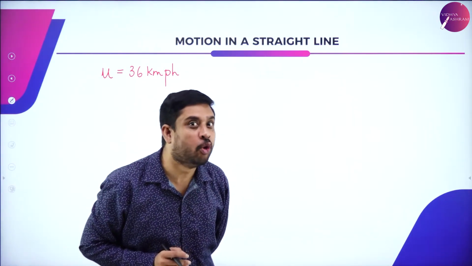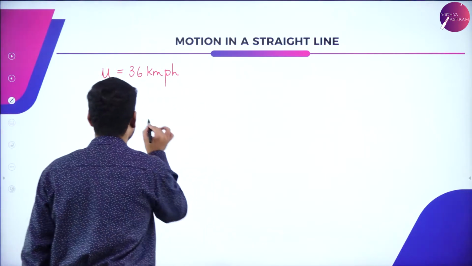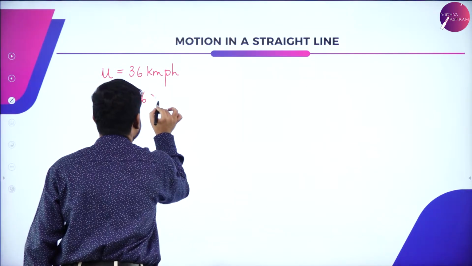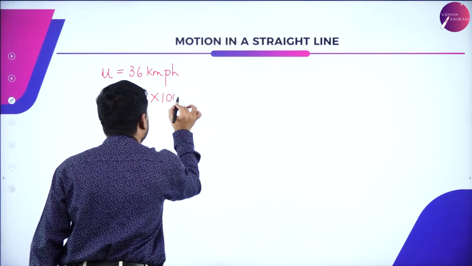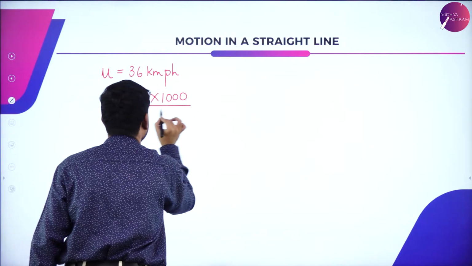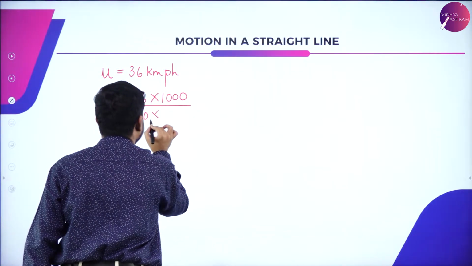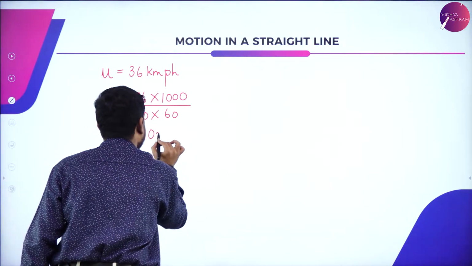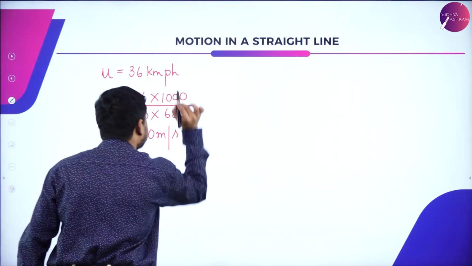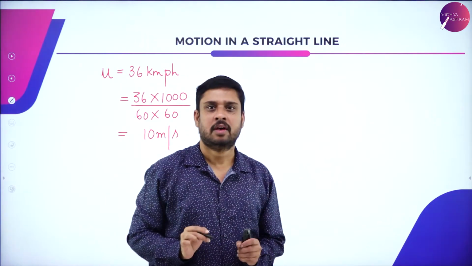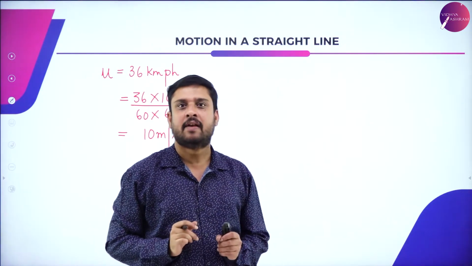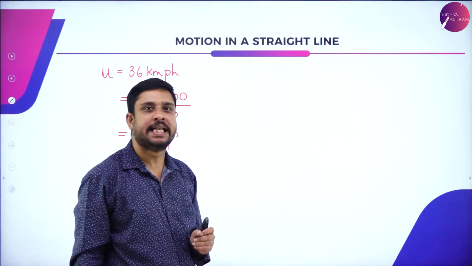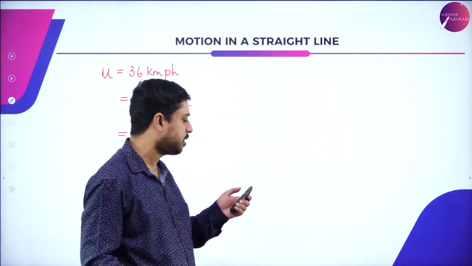So I have taught you how to convert this to meter per second. 36 into 1000 divided by 60 into 60, which is 10 meters per second. So the initial velocity of the train is 10 meters per second.